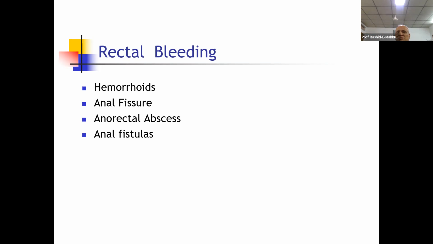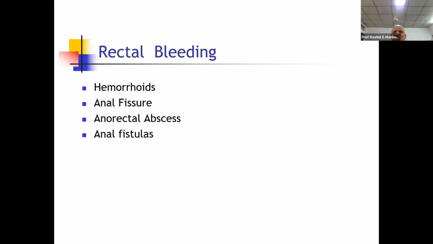This anal fissure is more common in females because of the female pelvis, as they carry a baby. There is a strain during defecation which commonly causes this anal fissure, particularly during pregnancy.